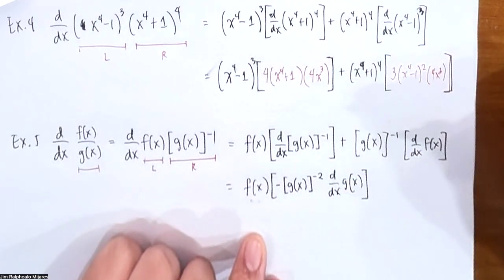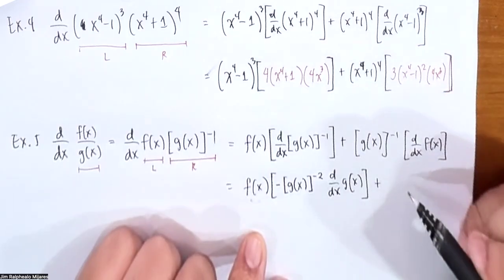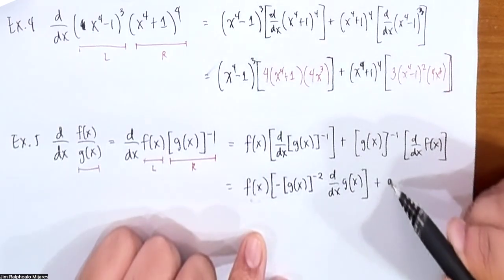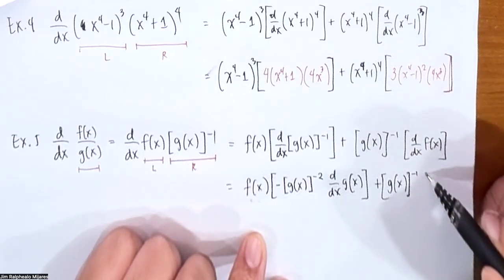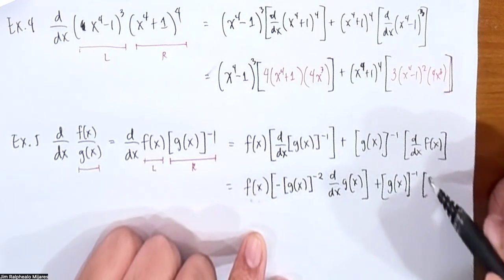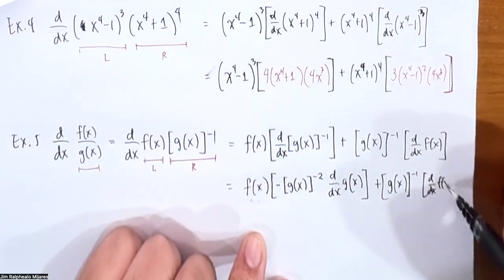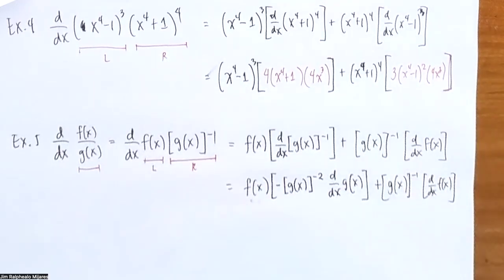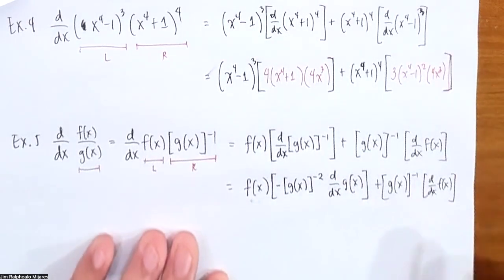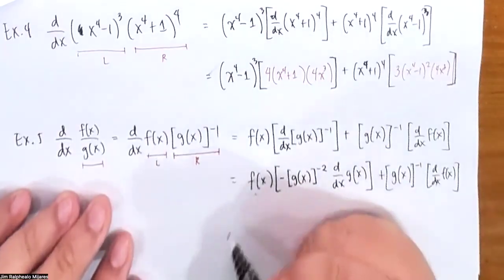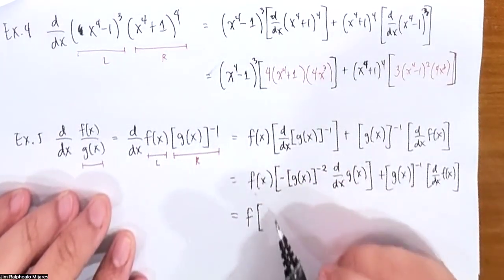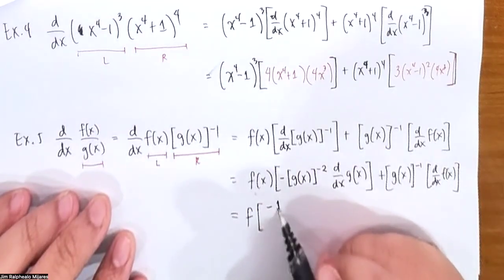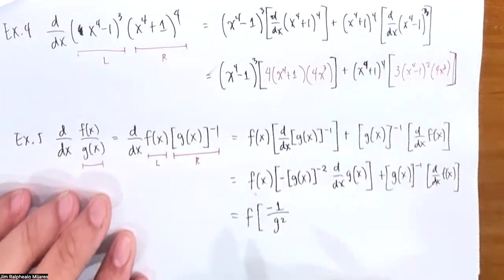Okay? Plus g of x to the negative 1. We cannot really simplify the second addend yet. I guess to make our lives easier, because this seems like a lot of notation, I'm going to write this as f times negative 1 over g squared, right?